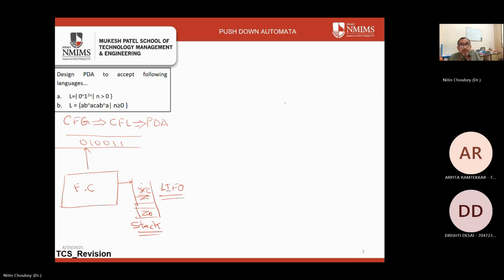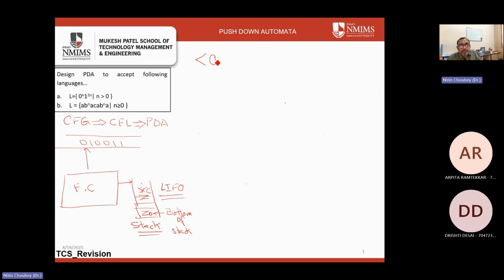And apart from that, we need a special symbol which is referred to as Z0, which we call the bottom of stack. Right? If you don't have anything on the stack, it means on the stack top you have Z0.